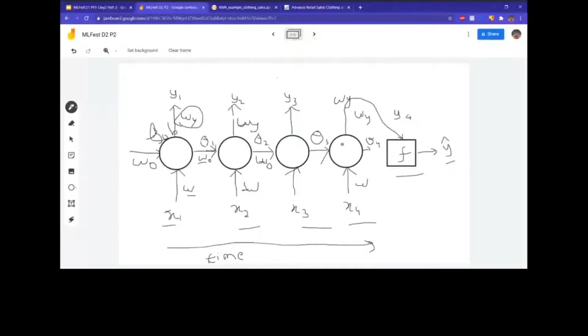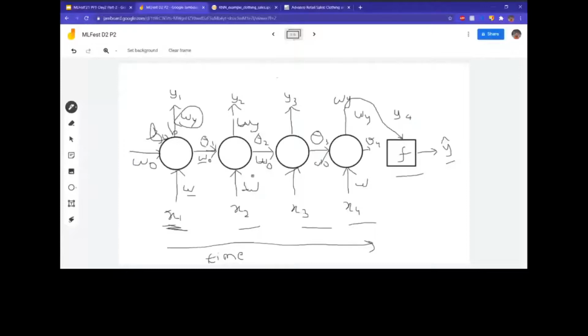Let's look at the second time step here and try to write some equations for it so that we can understand the forward propagation. I explained how the forward propagation happens in the PPT, but just for a quick recap, we're putting in x1 as the first word, adding some weight to it, and getting a hidden state output.